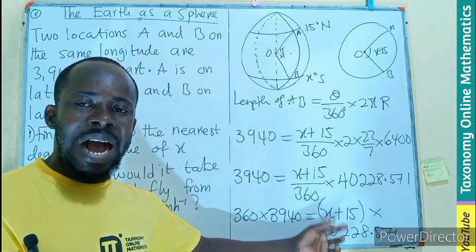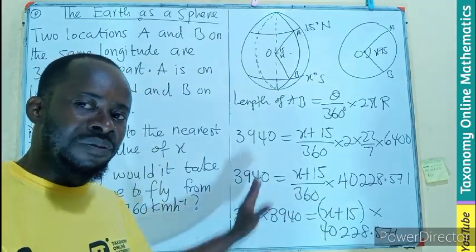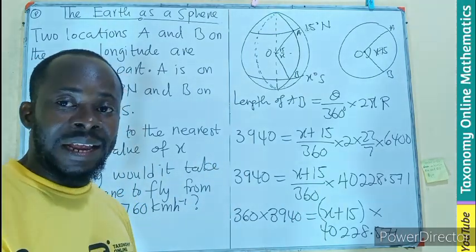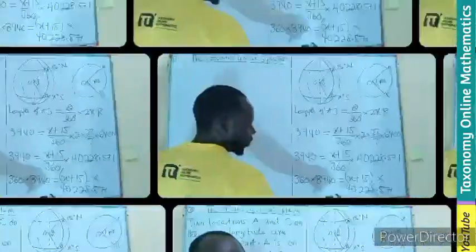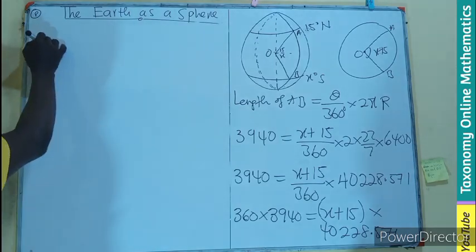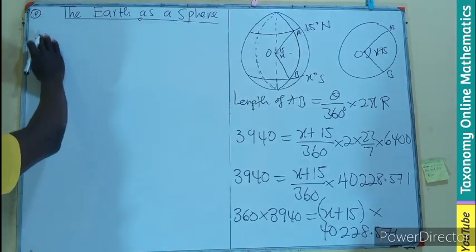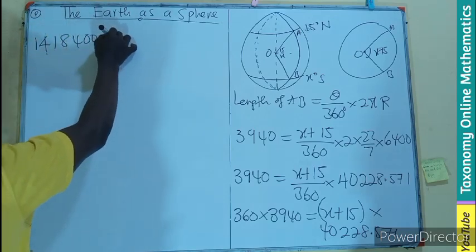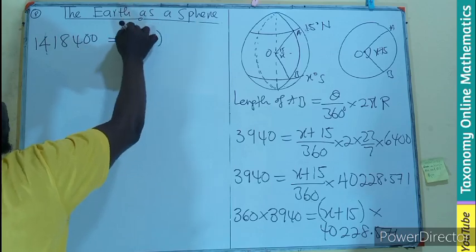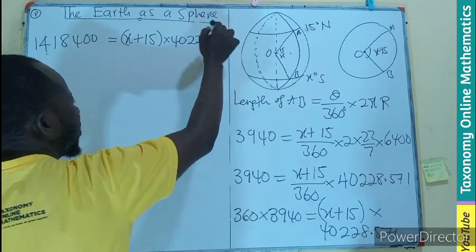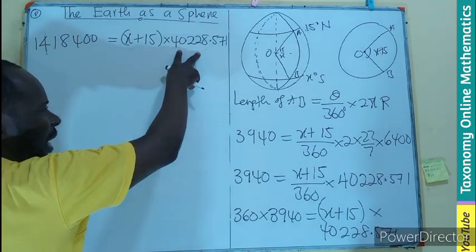This 40,228.571 becomes the coefficient of your angle. So we divide both sides by that value to get rid of it, so that we can pick our X. From here, 360 times 3,940 is 1,418,400, which equals X plus 15 multiplying 40,228.571.